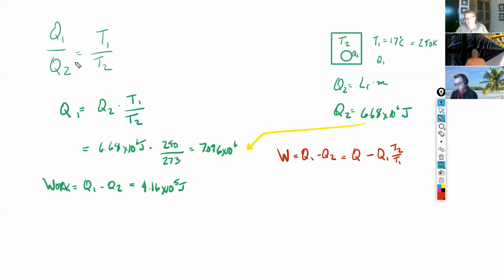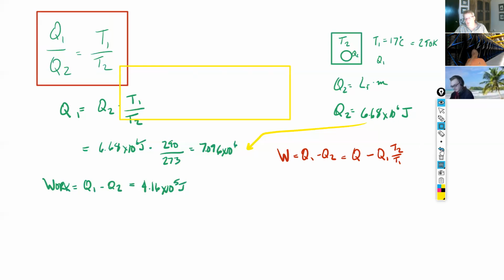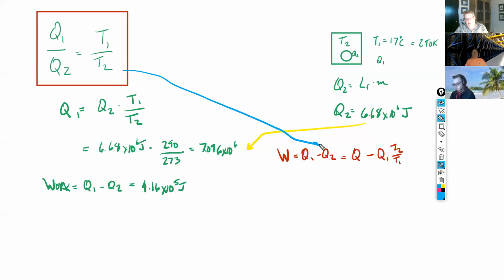Does that make sense? So if you're looking at this in the future, you can kind of think of it this way. That is how we get here.